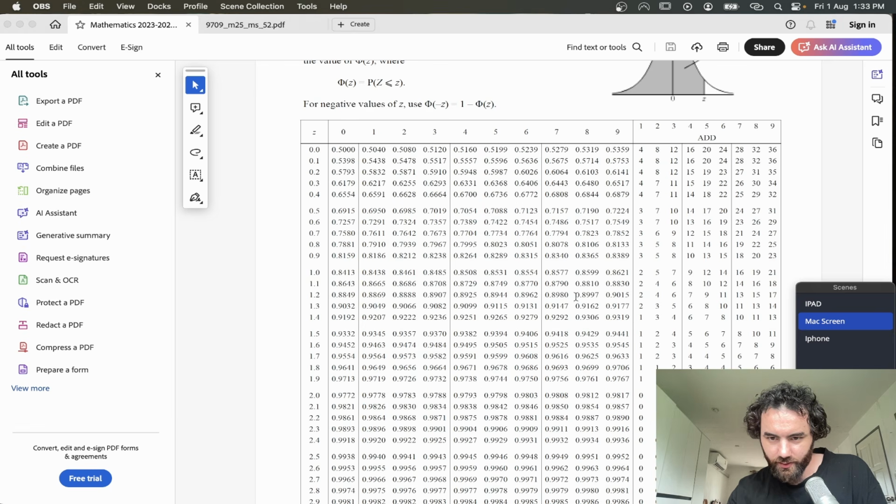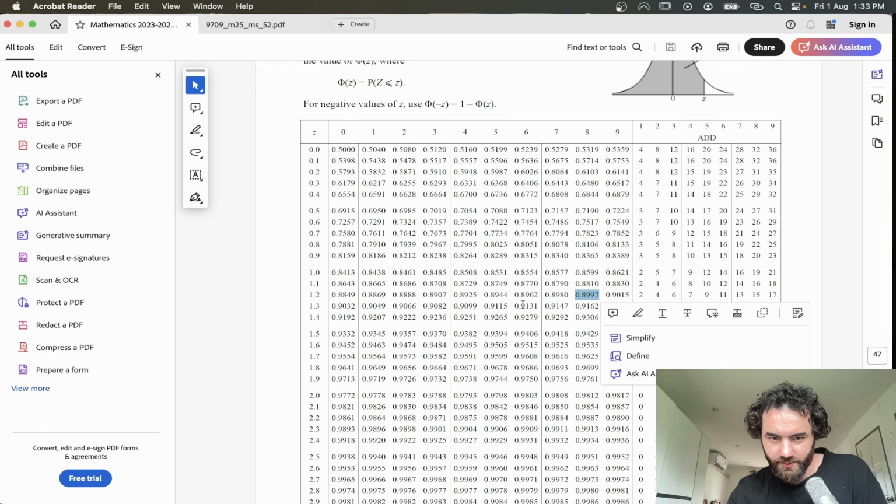Yeah, so this is 1.281. 1.281 will give 0.9999, which is as close as I can get. So 1.281. I'm just going to write that down.